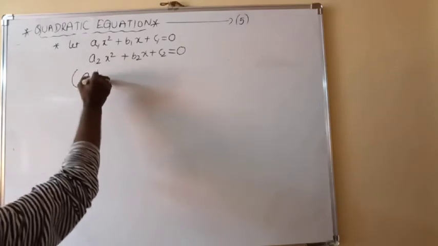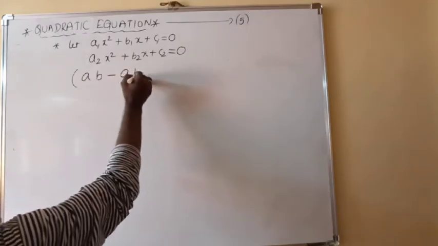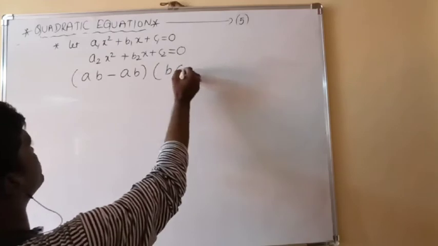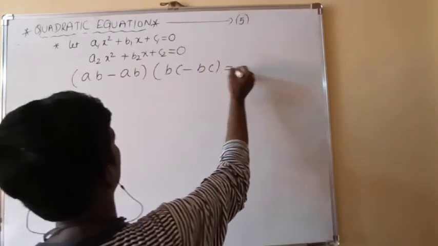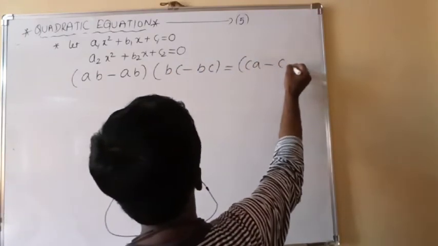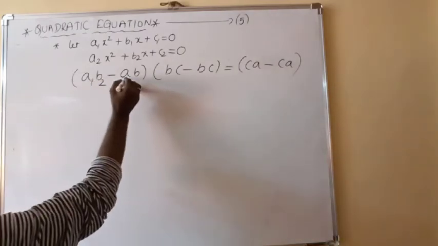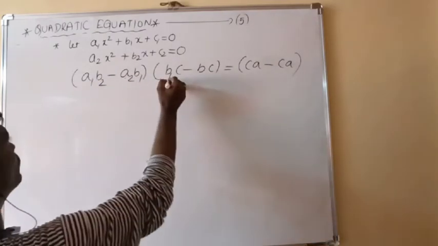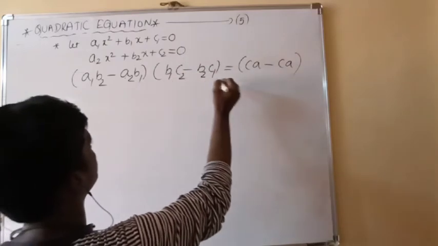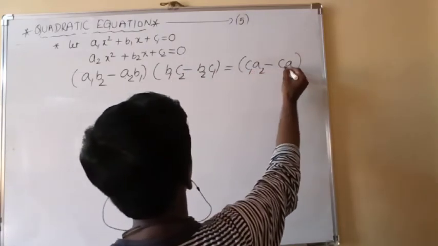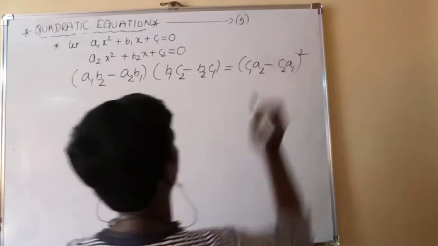Remember like this: AB minus AB into BC minus BC is equal to CA minus CA, AB, BC, CA. So 1, 2, 2, 1, whole square.